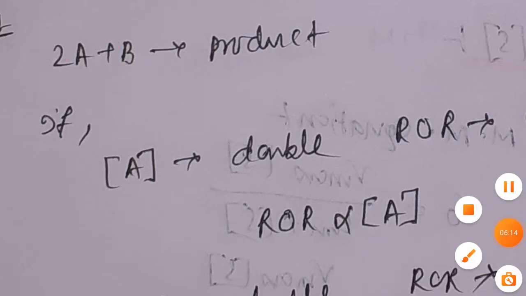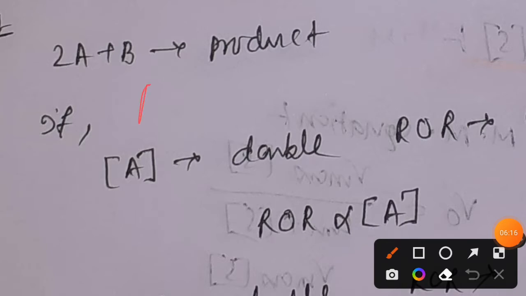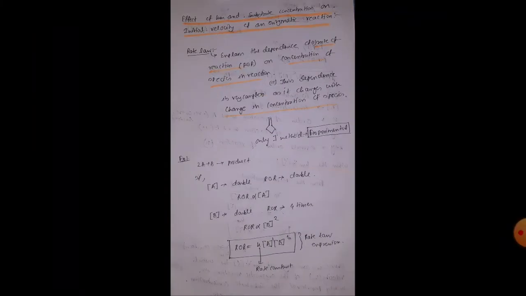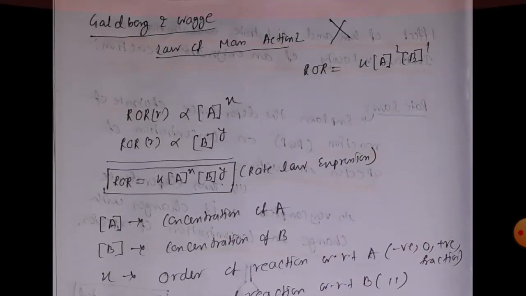That means according to Guldberg and Waage, the rate of the reaction will be K times A to the power 2 times B, but it is not always right. Rather, I should say that in 95% of cases it is wrong.